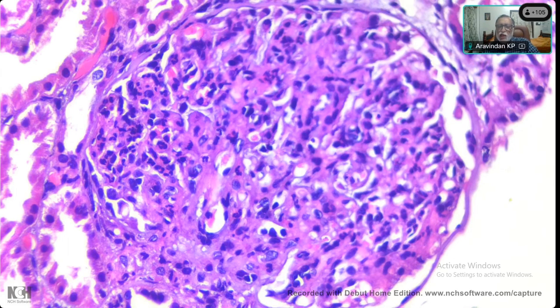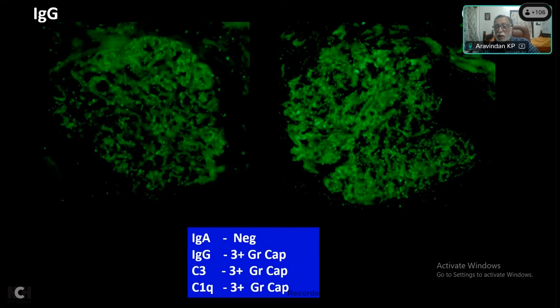And among adults, what are the precipitating factors for such a picture? Again, various infections, among which diabetic patients frequently have this kind of acute exudative glomerulonephritis.